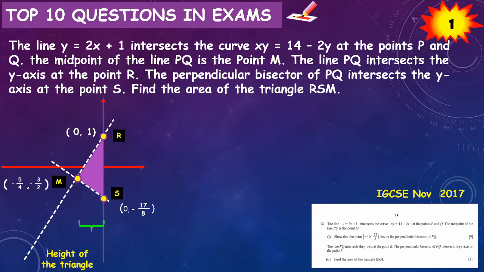The height of the triangle is the horizontal distance from point M to the y-axis, which is the x-coordinate value. The base of the triangle is the vertical distance from point R to point S, which is 1 minus negative 17 over 8.